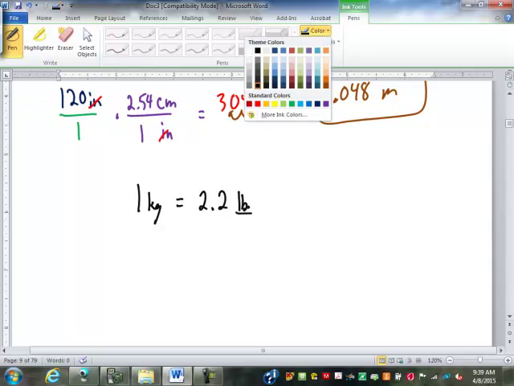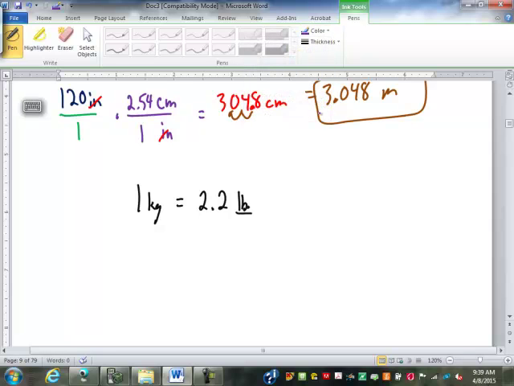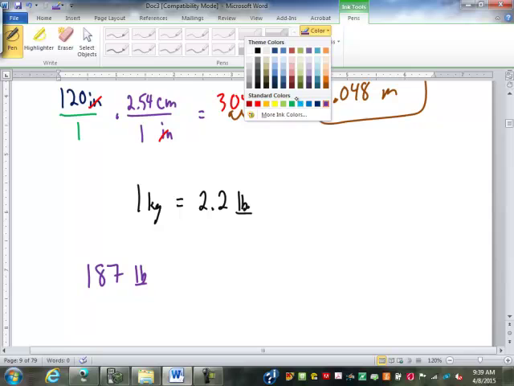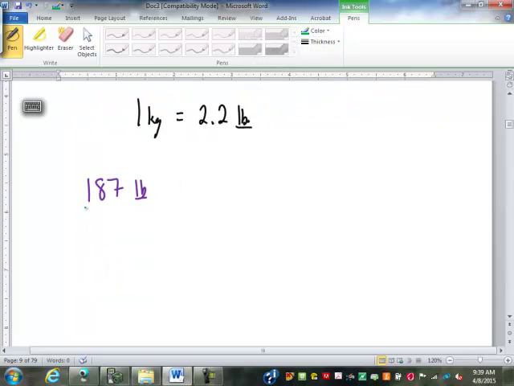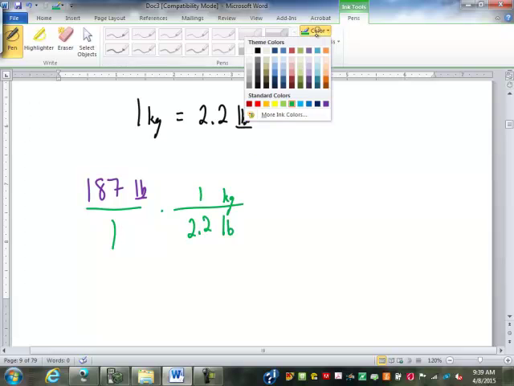So let's say that I have a patient that comes into the hospital, and the patient weighs 187 pounds. And for our medications and stuff, we need to convert that weight into kilograms. So we'll put it over 1. Pounds go on bottom here, so they cross cancel. 1 kilogram is 2.2 pounds.